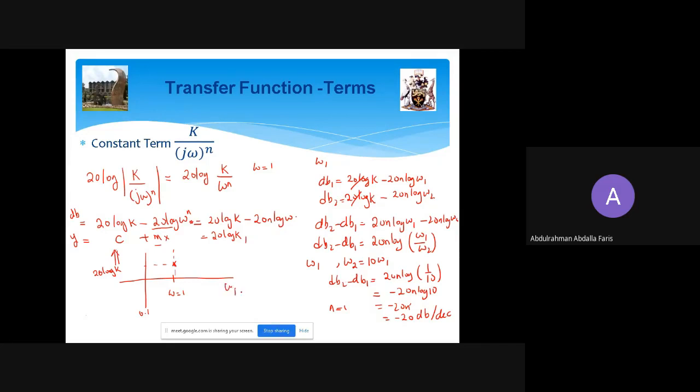Here we have omega 1, and then after 10 times, that's what we mean, minus 20 dB per decade. So if we were to complete this, this line will come like that, which is minus 20 dB per decade, passing through the point 20 log k at omega equals 1.